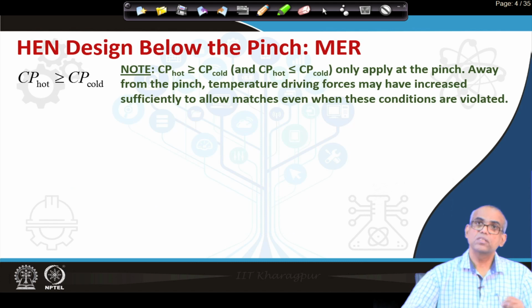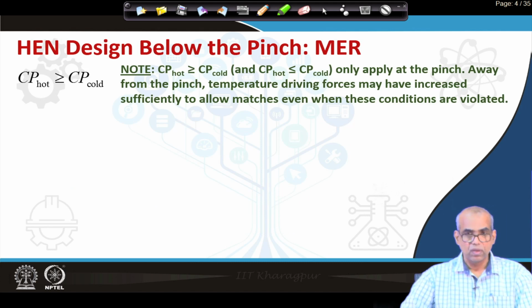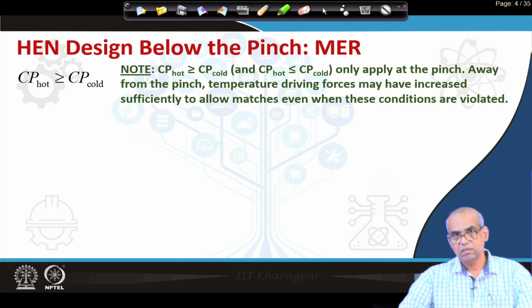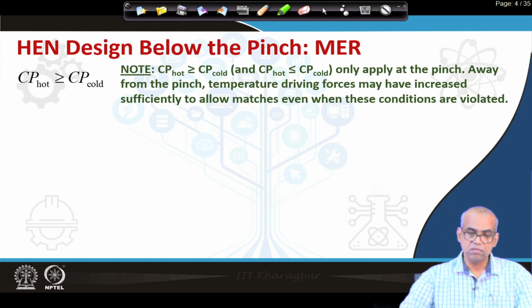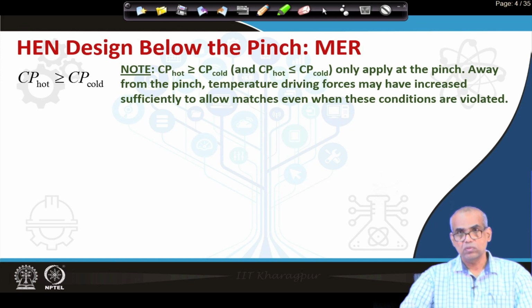Now, let us start designing for the region below the pinch. In this region, the criterion on Cp is the Cp values of hot stream must be greater or equal to Cp values of the cold stream. Now, a clarification is required at this stage.